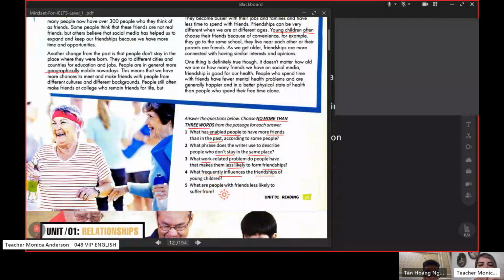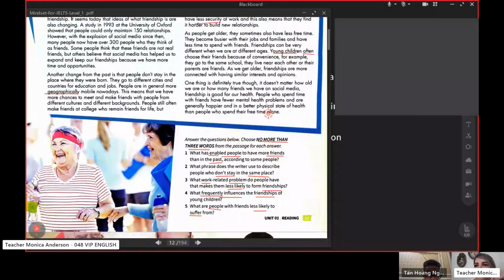Excellent. Number 5, people less likely suffer. I think that they have fewer mental health problems.